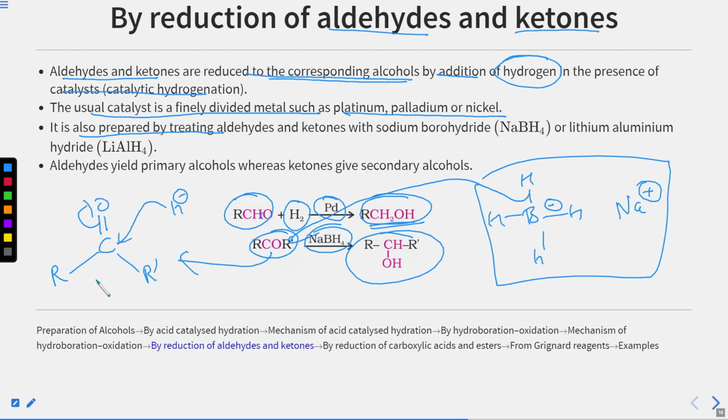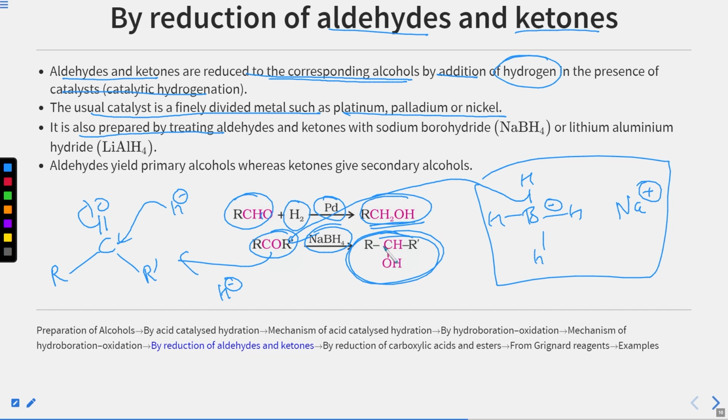We'll get to this nucleophilic addition in later classes when we study aldehyde, ketone, and carboxylic acid. But for now, just think of it as a simple attack where BH4 minus is a hydride donor. What is hydride? The H minus species is called hydride. So hydride from NaBH4 is donated to this carbonyl compound, and it is reduced to a secondary alcohol.